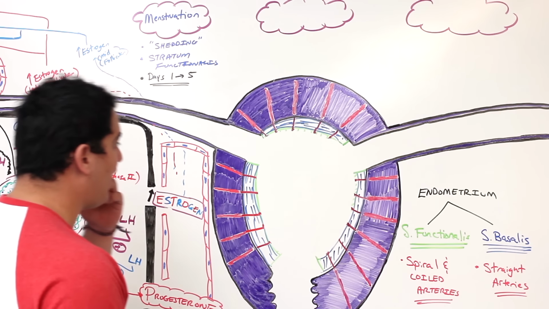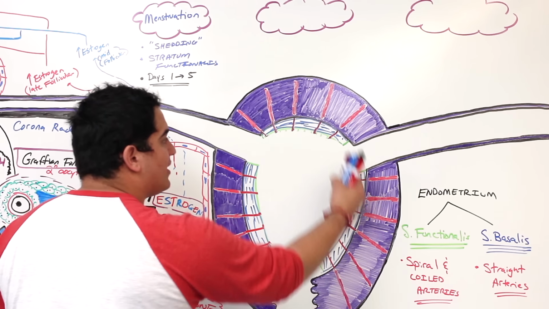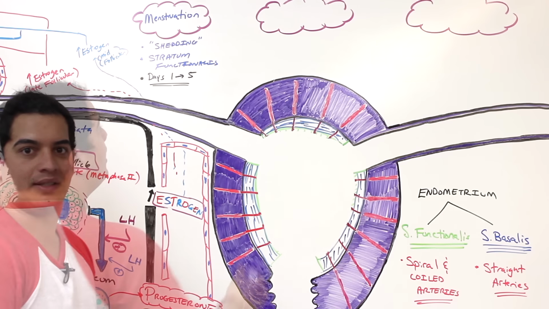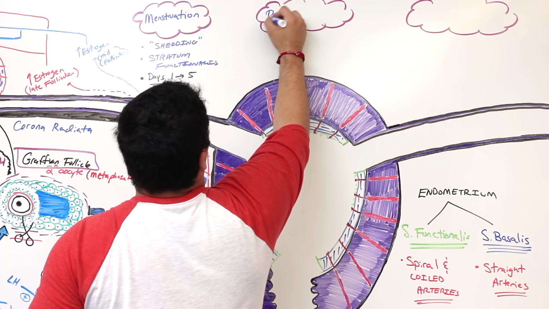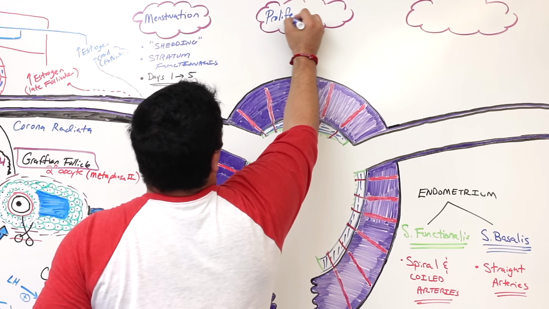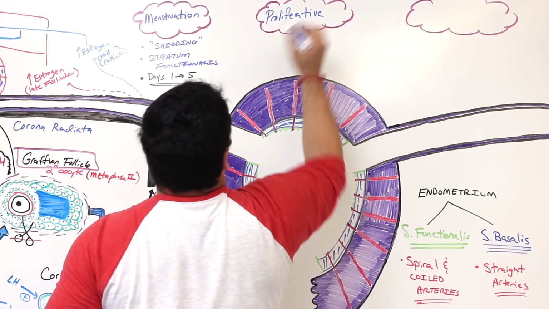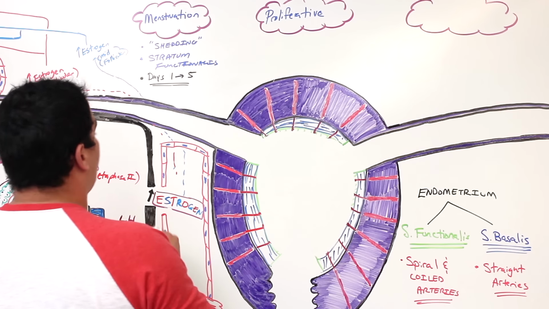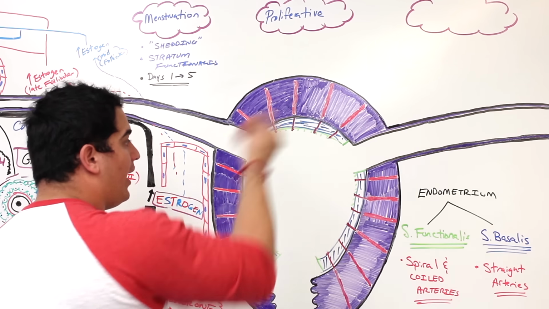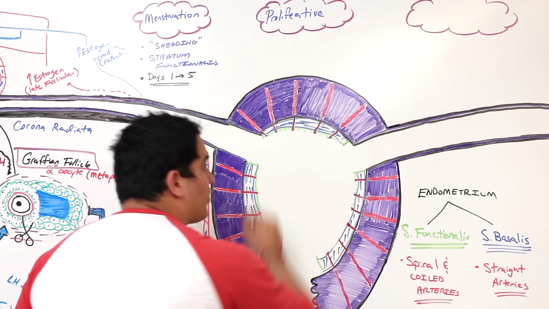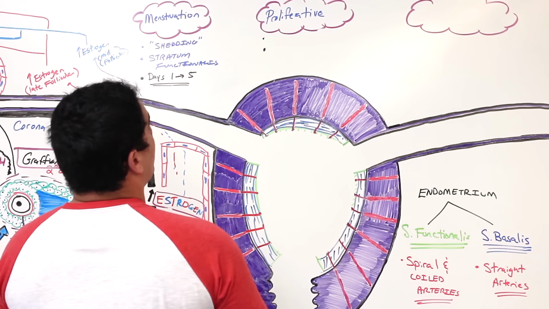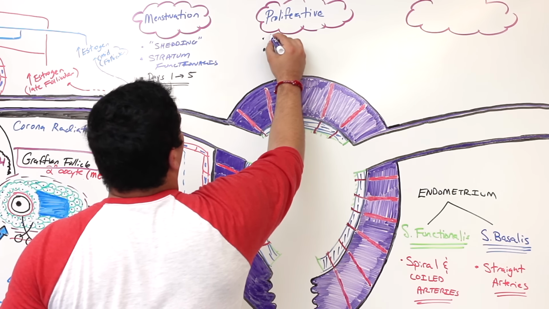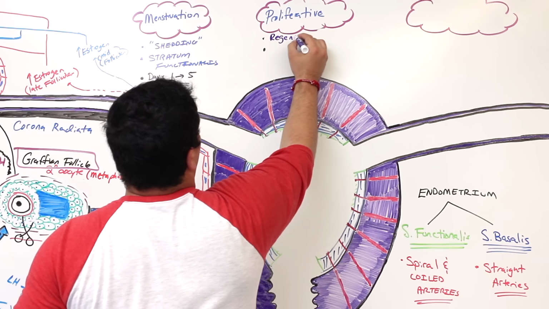Cool. Now, what remains here? The stratum basalis remains. So this next phase is called the proliferative phase. The proliferative phase is when you regenerate the stratum functionalis of the endometrium.